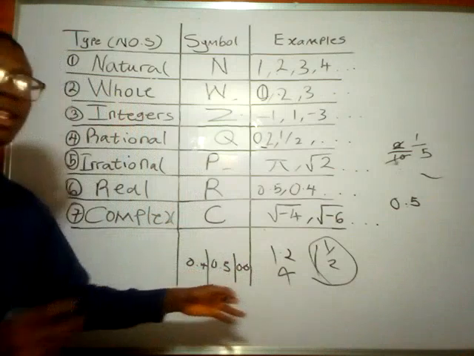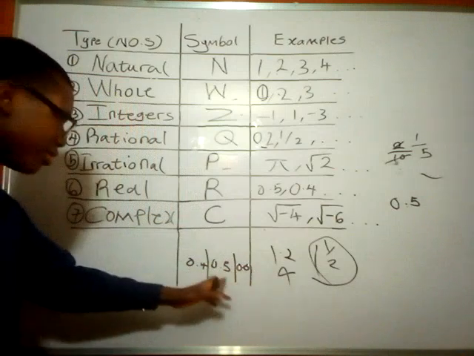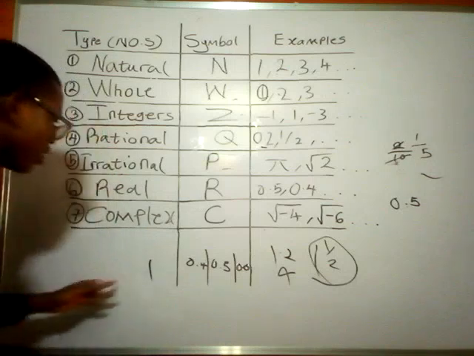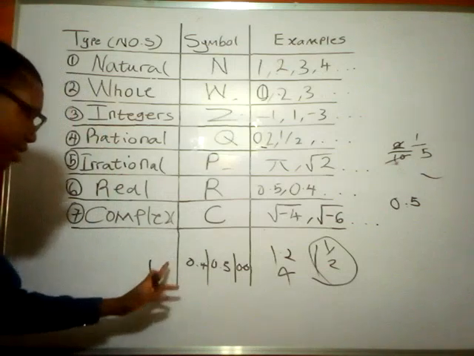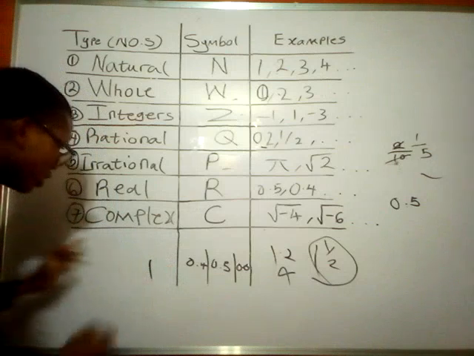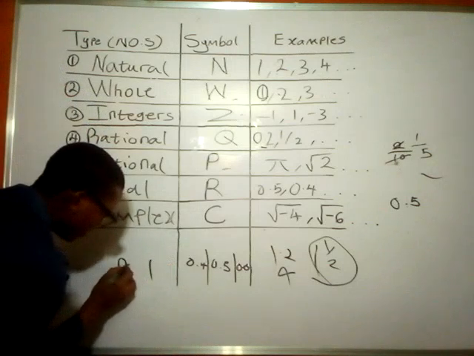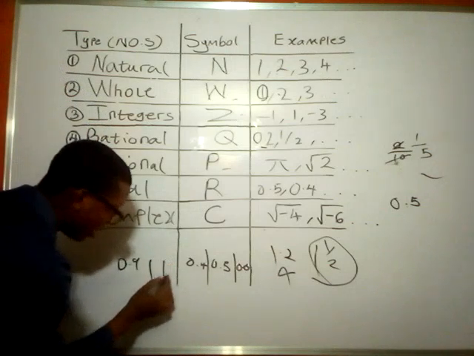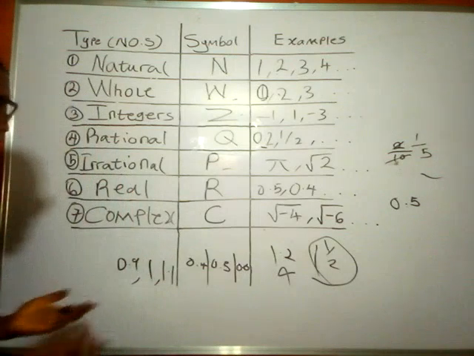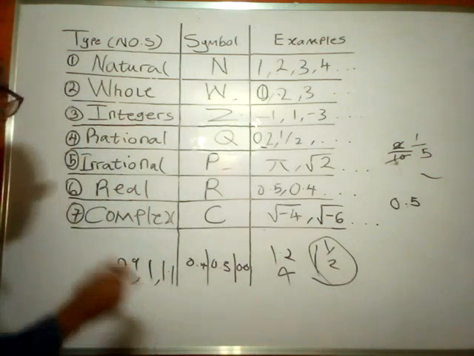Any number that has a range of values is always a real number. 1 is a real number because it's in between 0 and 2, or 1 can be in between 0.9 and 1.1. 1 is in between, so it's also a real number. And all numbers are real numbers.